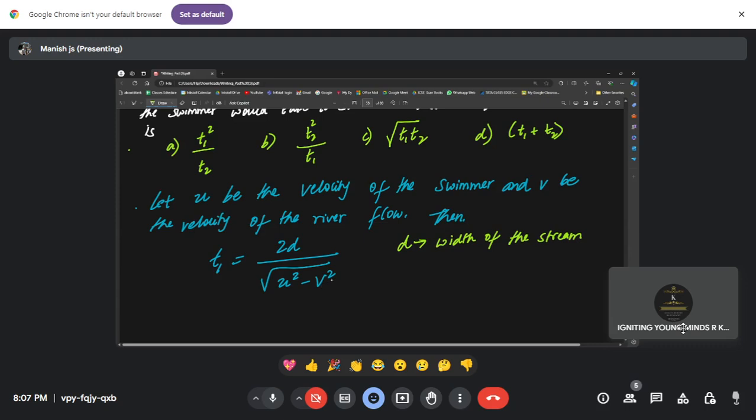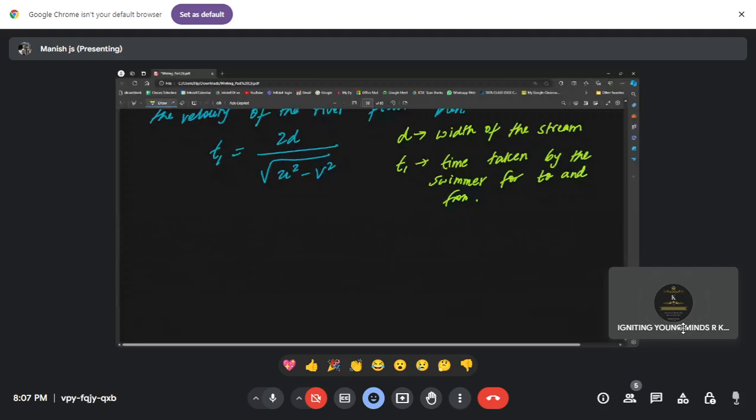And T1, I hope you know what the value of T1 is. So T1 is time taken by the swimmer for swimming for to and fro. Okay, for to and fro. That is T1.